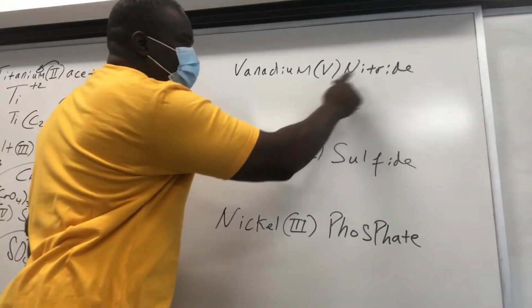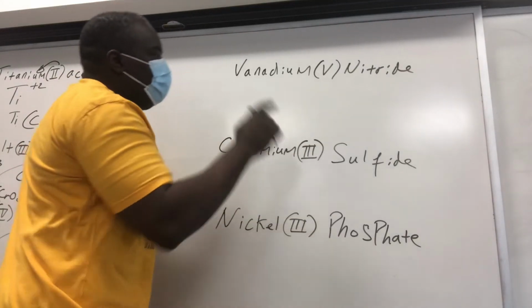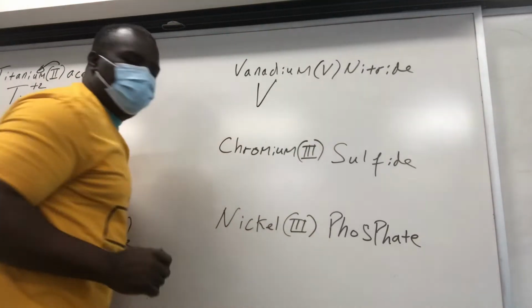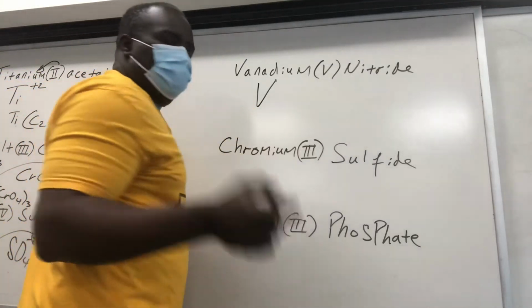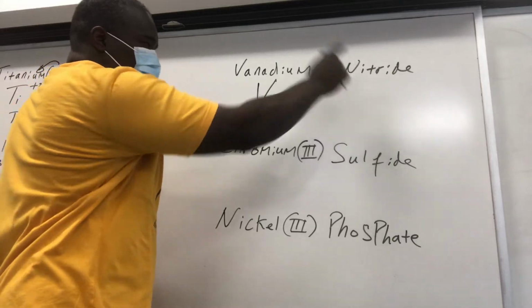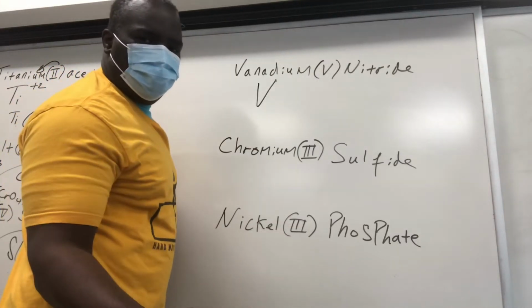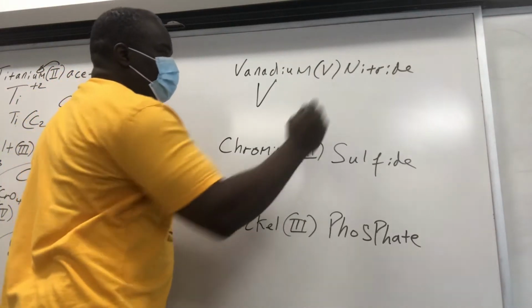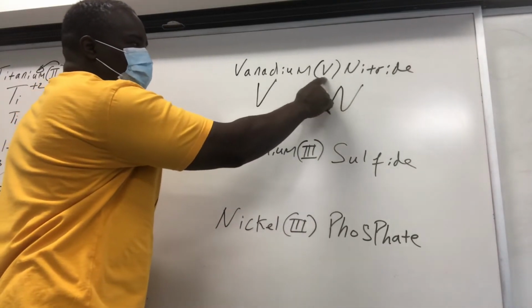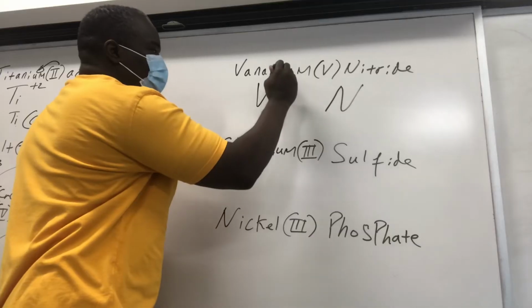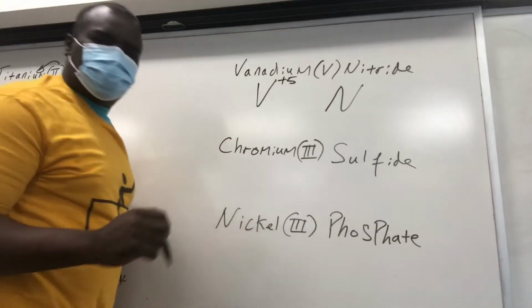Next one. Vanadium 5 nitride. All right? So vanadium just so happens to be V, right? Looking for our table. Nitride, monoatomic nitrogen, negative ion, right? No problem. So nitrogen, you're gonna put N right there. Now I know this vanadium has a +5 oxidation state, right?